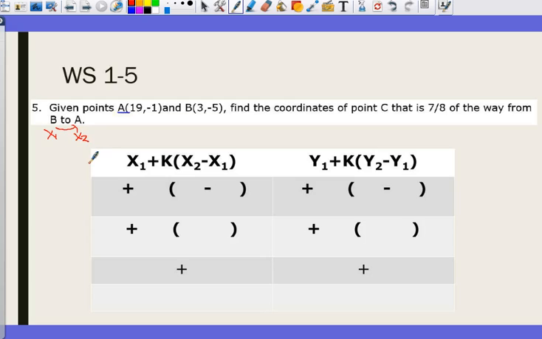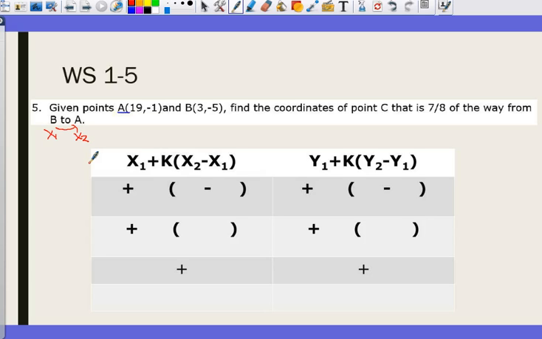So let's go over here. Which one of these four numbers do you think is going to be your x1? 9? 19? So we just said B was x1.